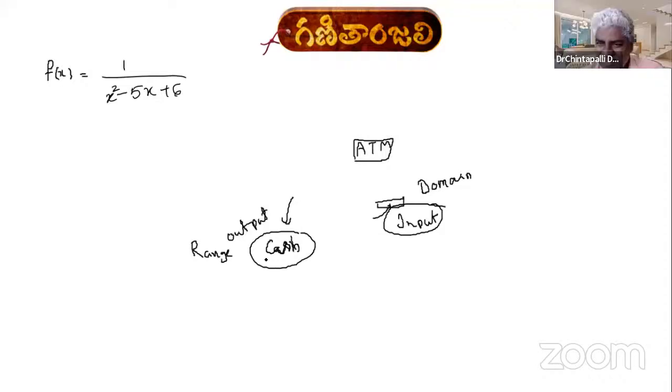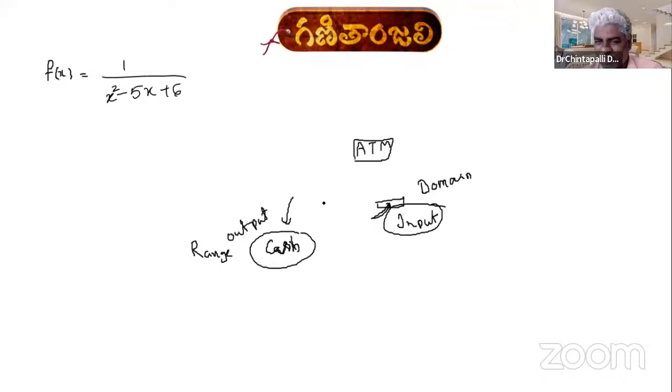Got it? Yes, sir. What happens if we put Aadhaar card in it? You know what is Aadhaar card? Yes, sir. If we put Aadhaar card in it, what happens? It declines, sir.